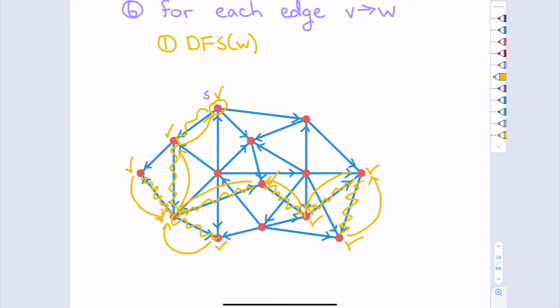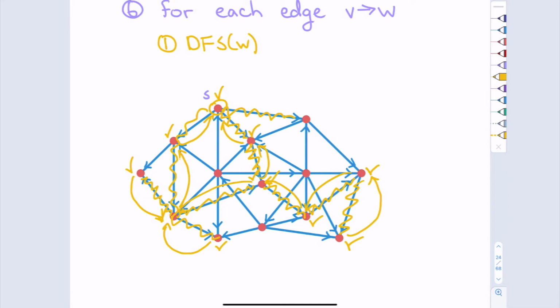So DFS of S is still on the stack. Now it's back on top of the stack. And we continue. Maybe we go here. And we go here. But this is already checked off, so we backtrack right away. We backtrack. We're almost done.